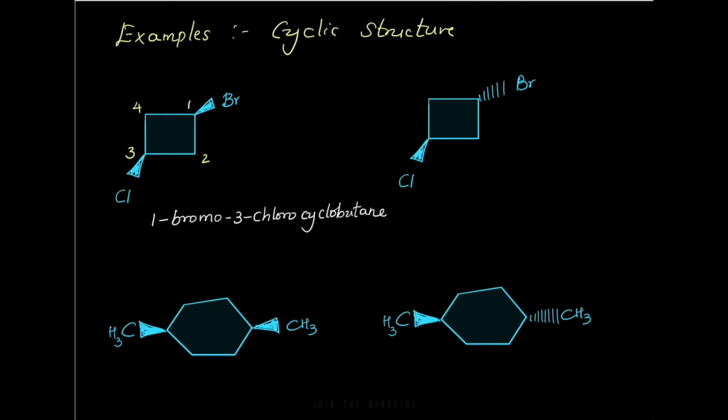But there is a meaning for these bonds right here. These solid wedged bonds are actually pointing towards you. And you can see the same kind of bond is present towards chlorine. So you can see that they are pointing in the same direction, which means it should be cis. So you have to put the cis in front of it.